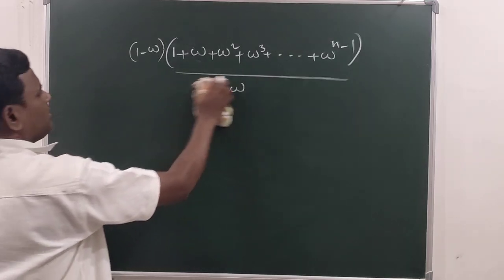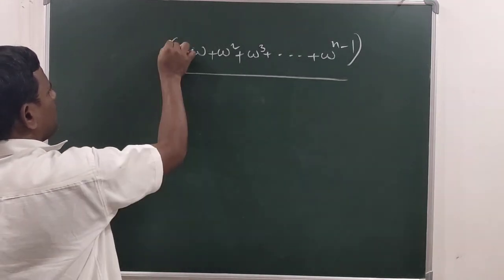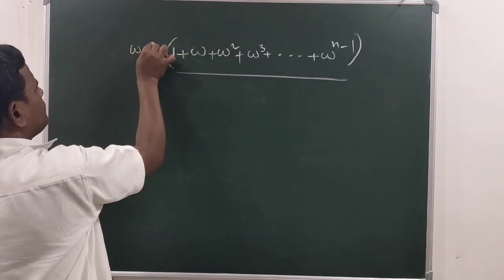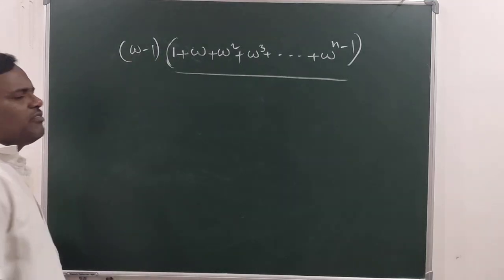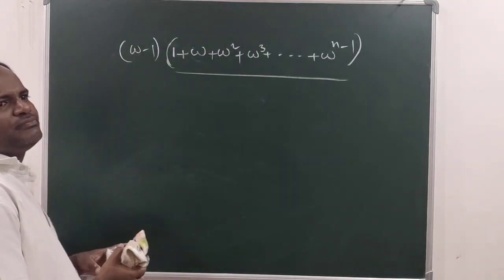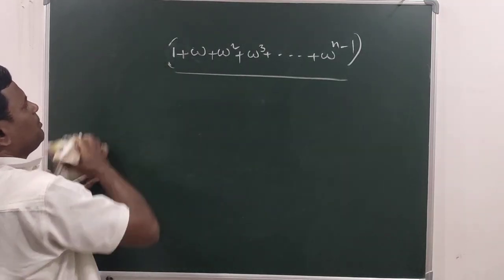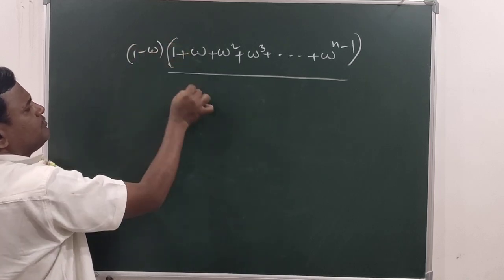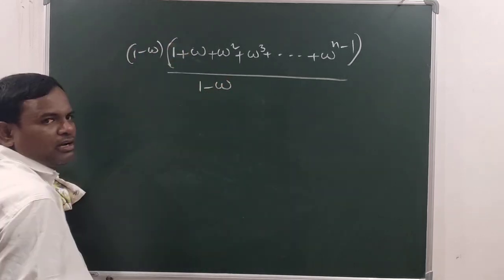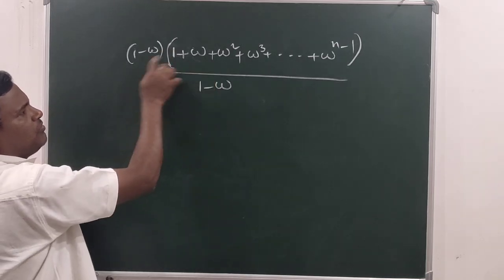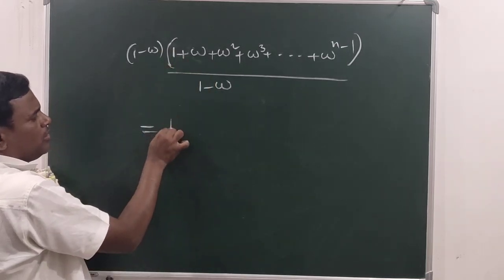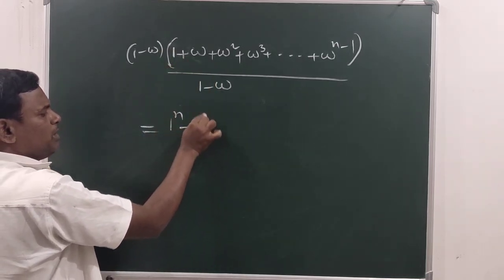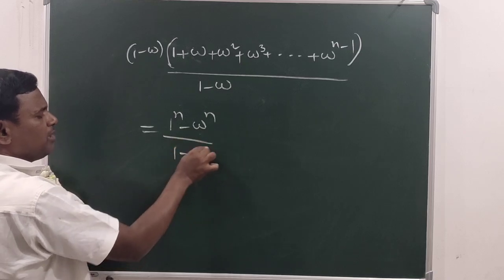Otherwise you do one thing. Omega minus 1 you can multiply. Omega minus 1 or 1 minus omega, your wish. Okay, students, shall I multiply with 1 minus omega? Okay. 1 minus omega. Now, product of these two, you know, can be written as 1 power n minus omega power n by 1 minus omega.